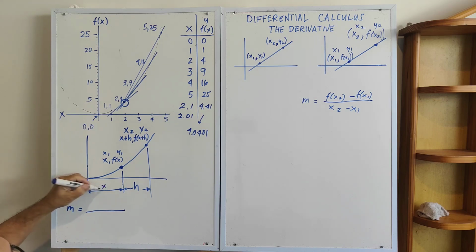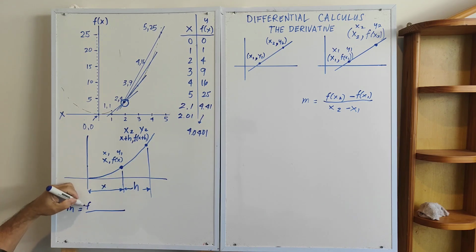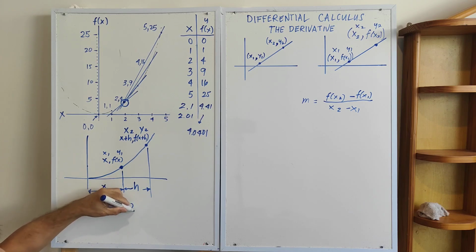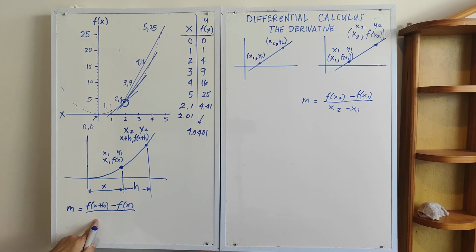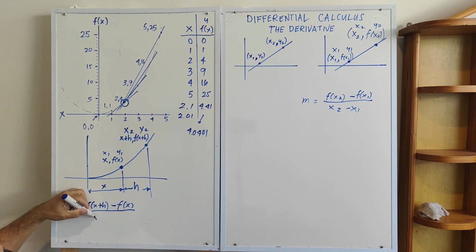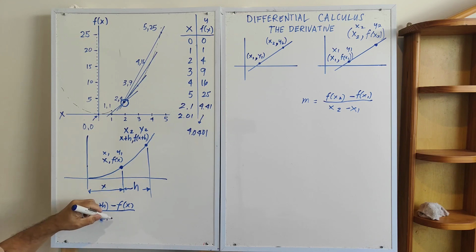So we will write f of x plus h, which is your y2, minus y1, which is f of x, over x2 minus x1. Your x2 is actually x plus h, and x1 is just x.